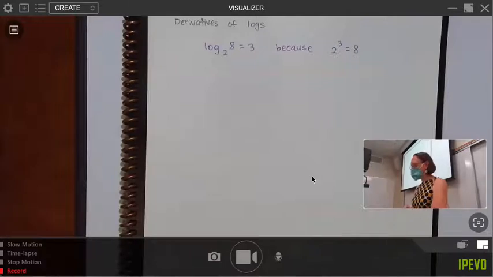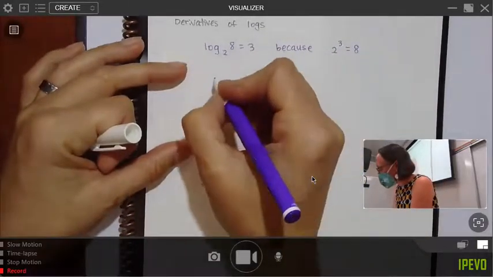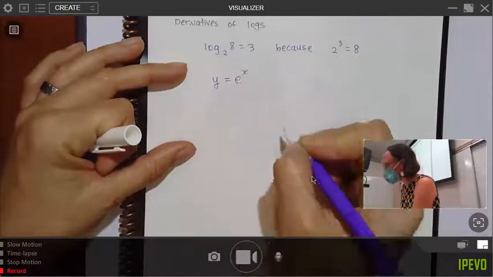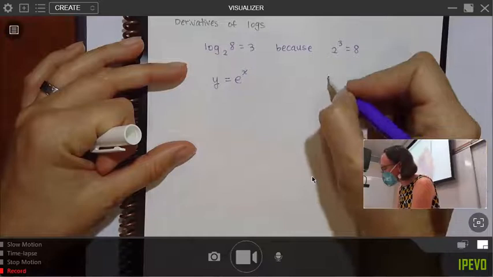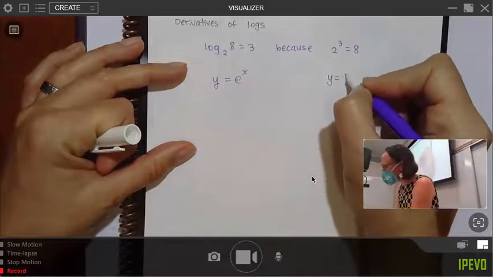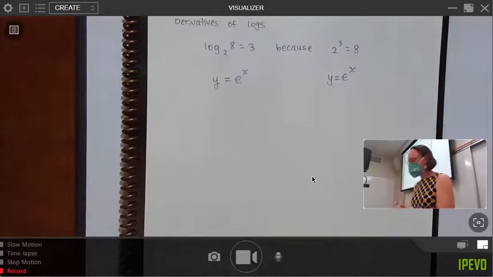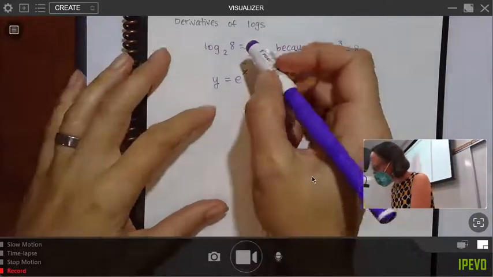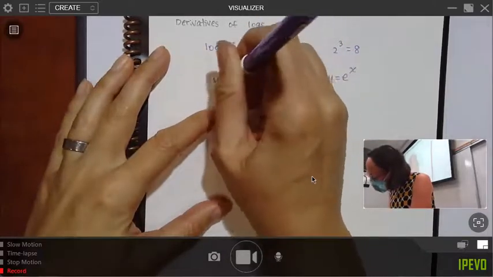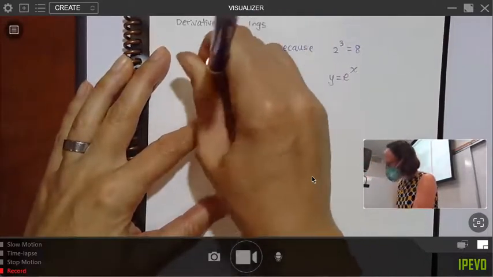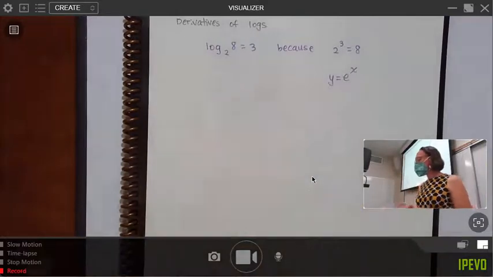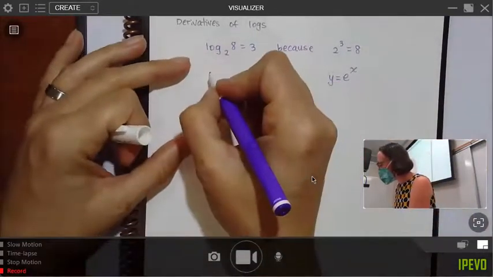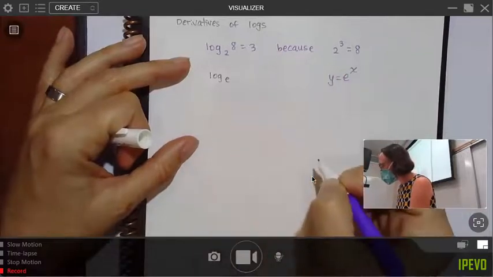Now, the reason that's working out here: if I said y is equal to e to the x, then our log equivalent statement would say, okay, well, my base is e, so that would be log with a base of e.